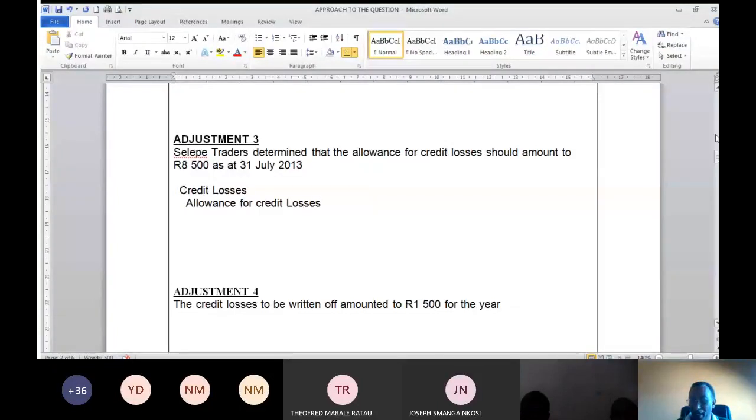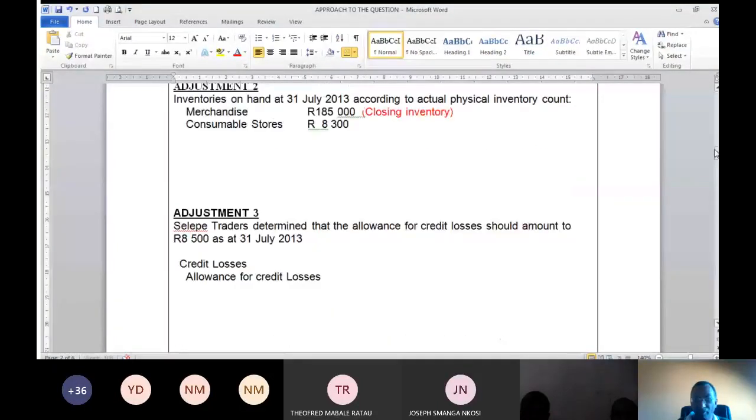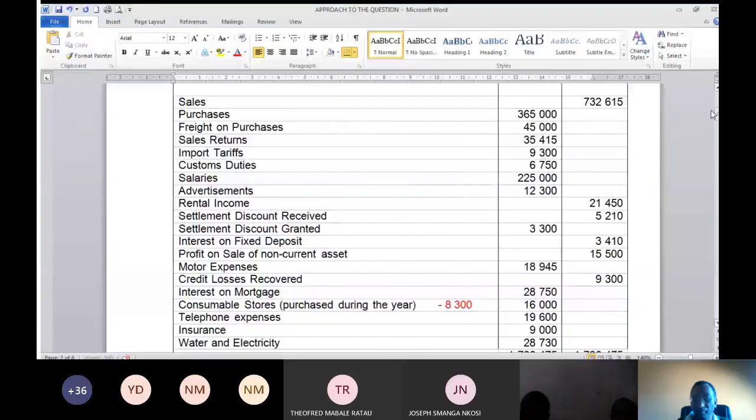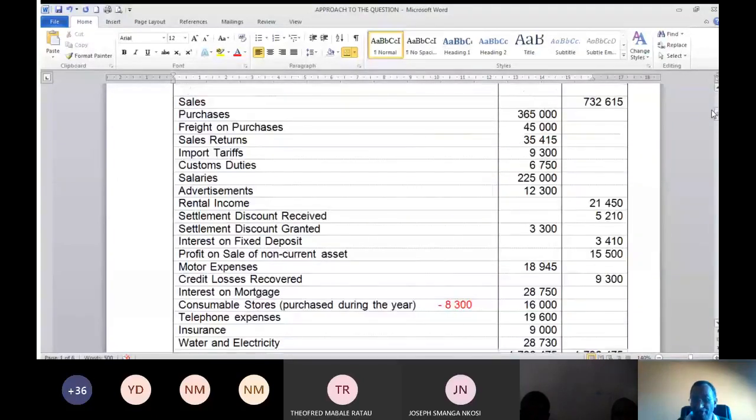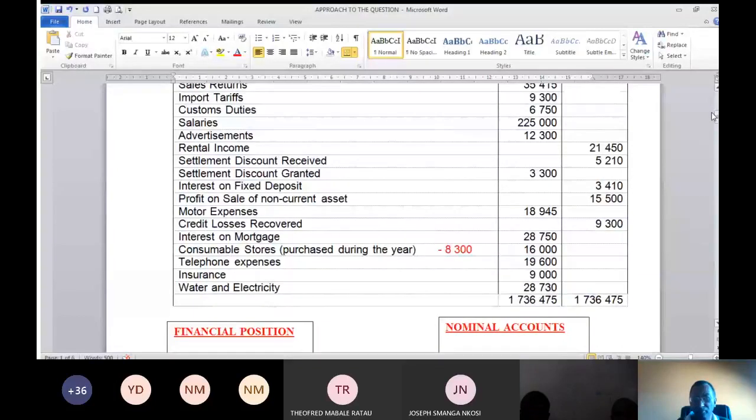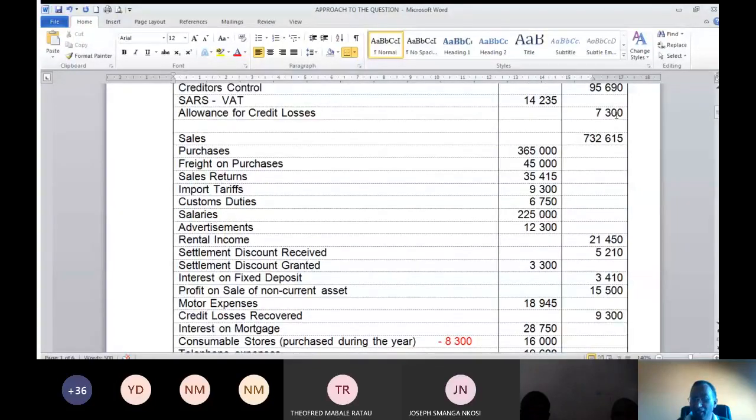Back to your trial balance now. Your allowance for credit losses, which is a financial position account, as you guys can see there, has a balance of 7,300. We want that balance to be 8,500 Rand.